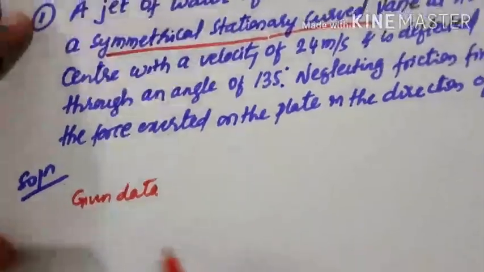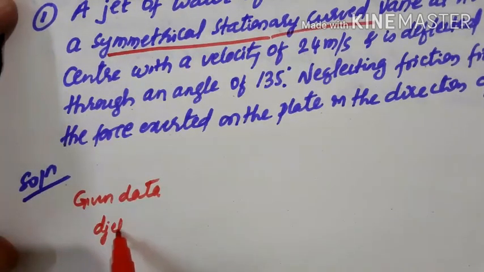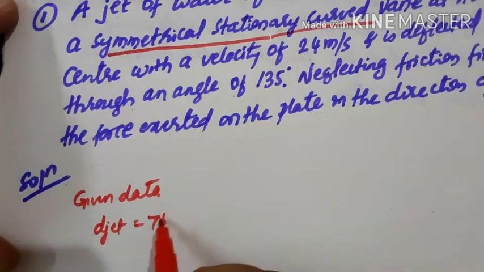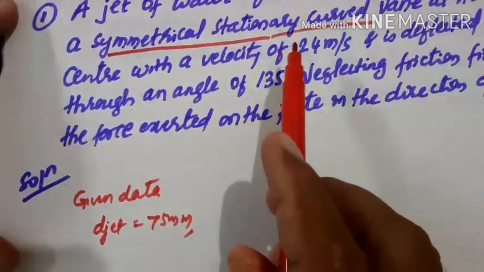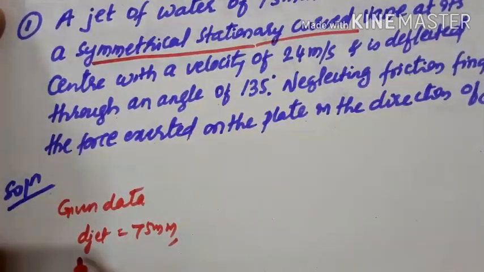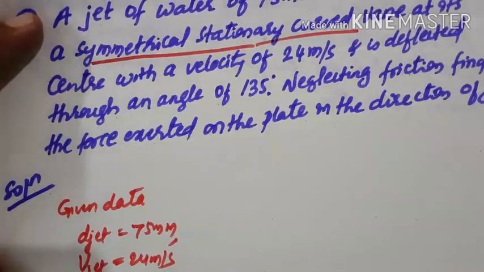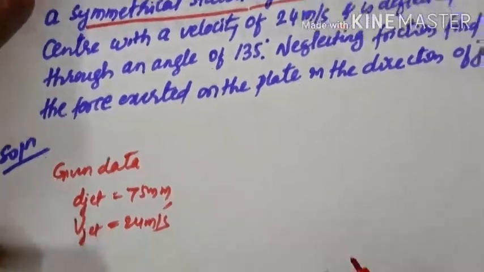The diameter of the jet is given as 75 mm. Then they mentioned the stationary curved vane and the velocity of the jet. The velocity of the jet is 24 meter per second, and the jet is deflected through an angle of 135 degree.